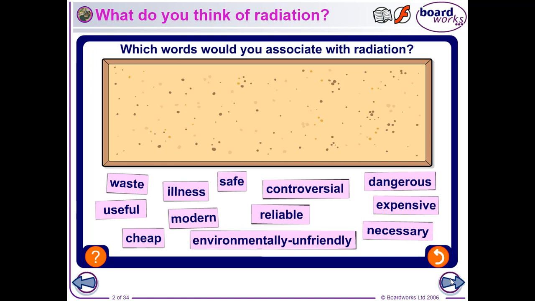So don't carry on any further with the PowerPoint or with the video, just stop there, do the poll, pick the words which out of the ones that we put there that you would associate with radiation before we go any further, and then we'll have a look as we get into the topic a little bit more about how you view radiation before we start.